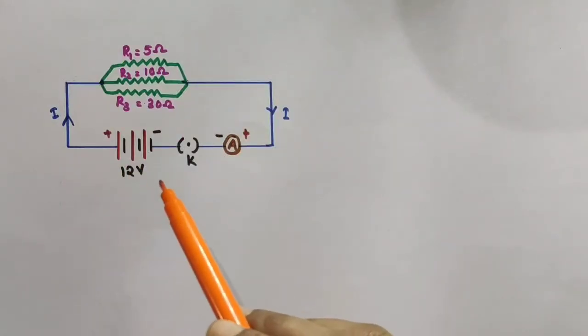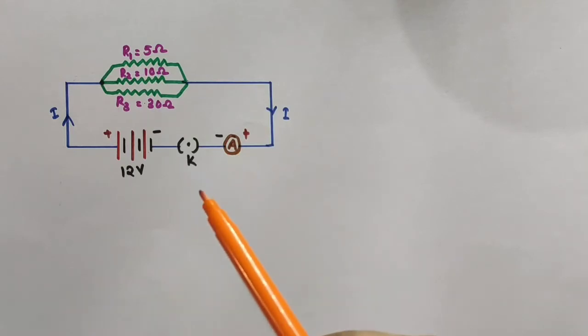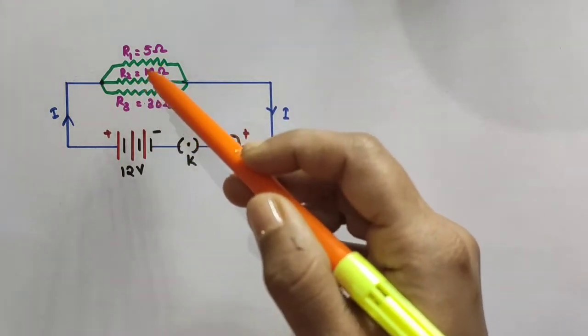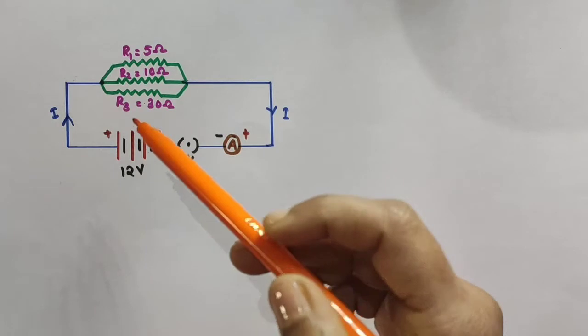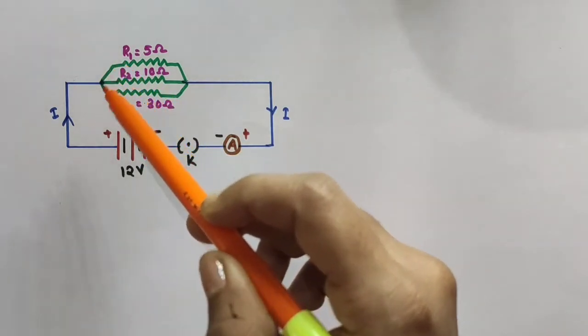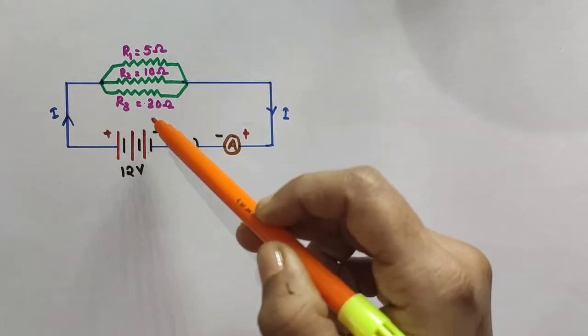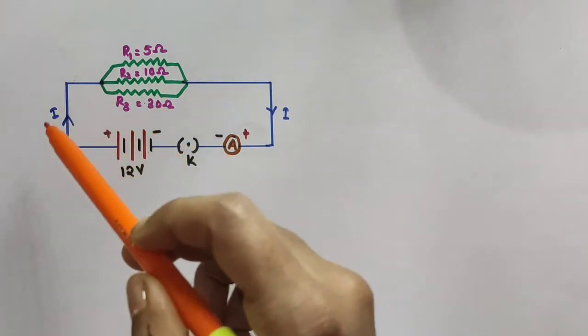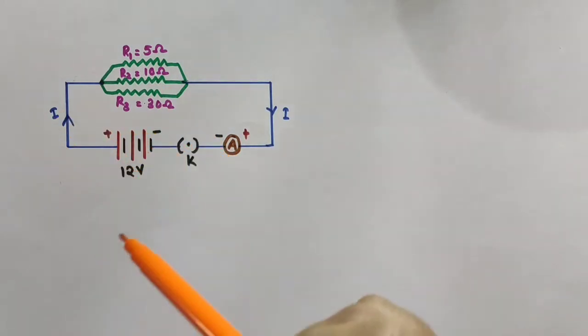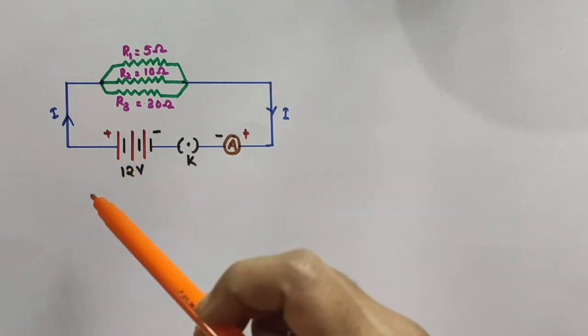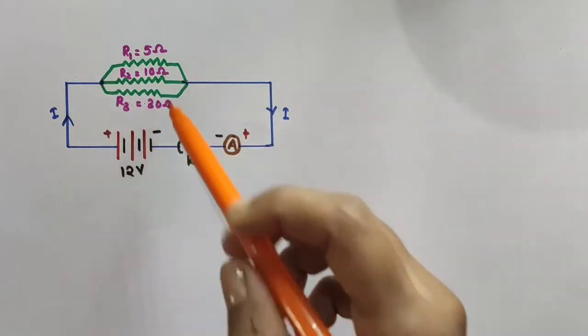In this circuit diagram, suppose 3 resistors are connected in parallel. Suppose the resistors R1, R2 and R3 have values 5 ohm, 10 ohm and 30 ohm respectively, connected to a battery of 12 volt. First of all, we want to calculate the current through each resistor.